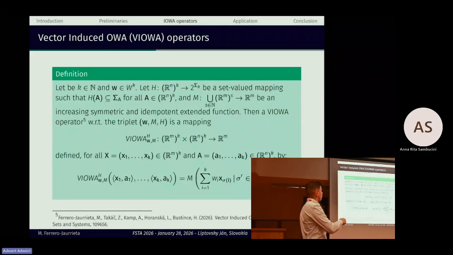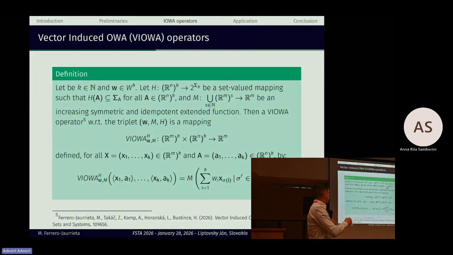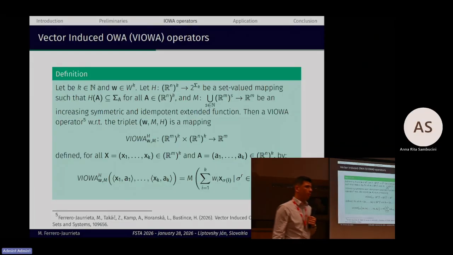Take into account that this set-valued mapping is a subset of or equal to the set of all admissible permutations, and also the M, which was the increasing, symmetric and idempotent extended function. In this way, the vector-induced OWA with respect to this triplet is the following mapping. And as in the previous case, we take into account these values and this set of admissible permutations.